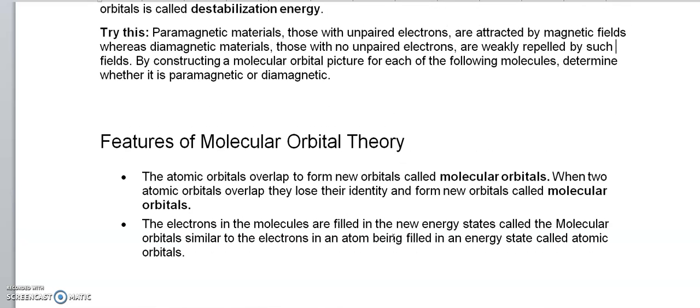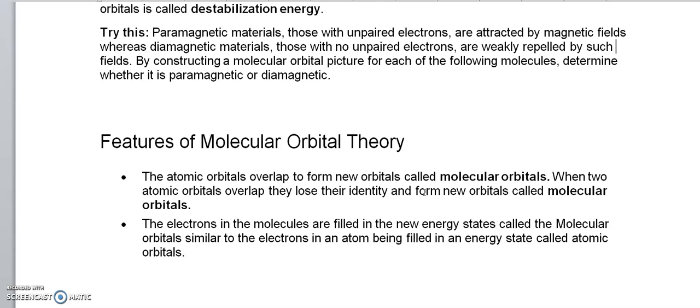So we'll see the features of molecular orbital theory. The atomic orbitals overlap each other to form molecular orbitals. Like what we have seen in hybridization, two orbitals combine to give a new hybrid orbital, so the old properties are lost.